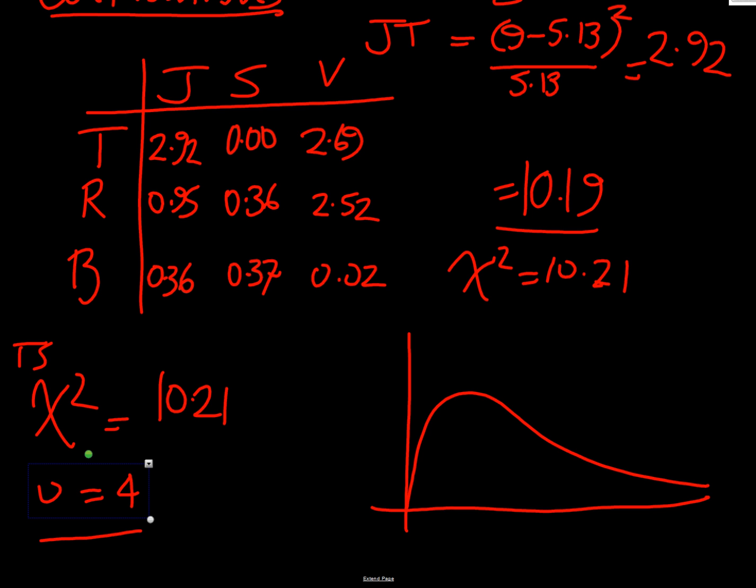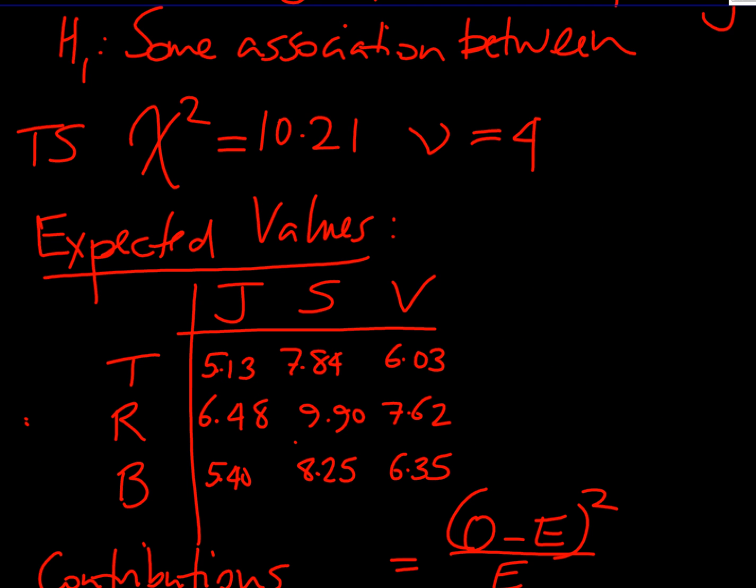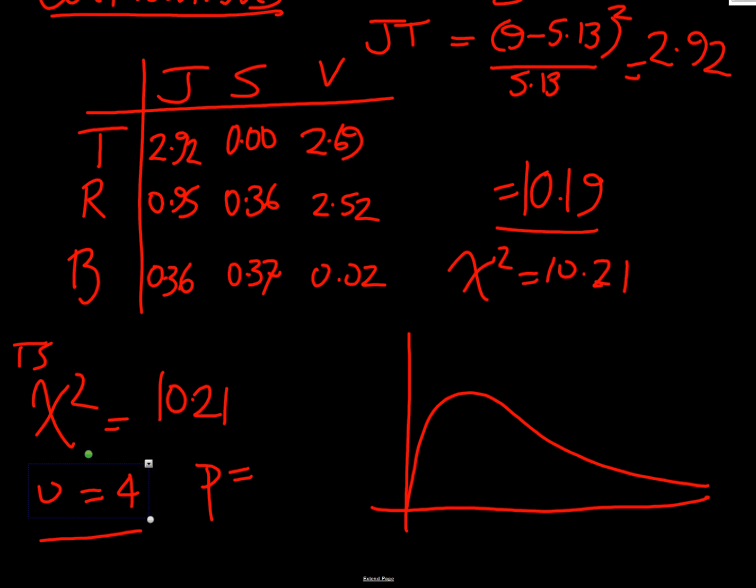Well, we already know what the probability of this occurring is because we got that out of our calculator earlier, didn't we? We saw in our calculator that it was 0.37. So I'm going to mark our test statistic in green. There's our test statistic of 10.21.